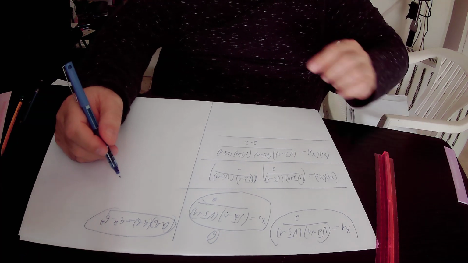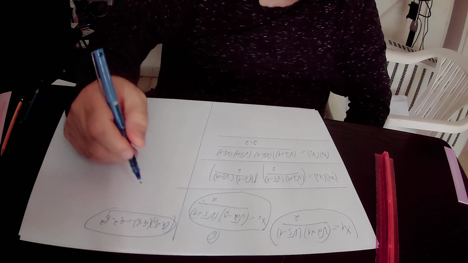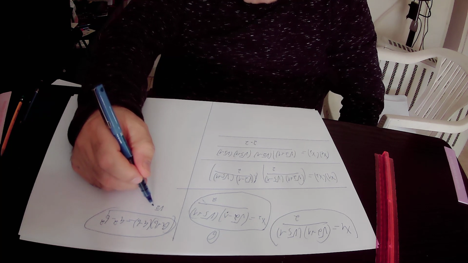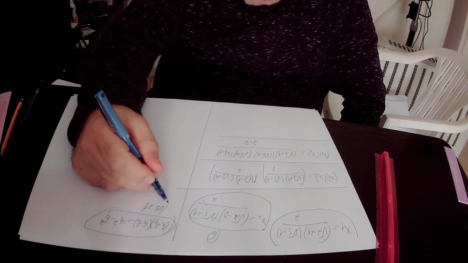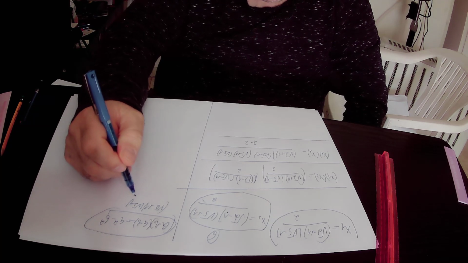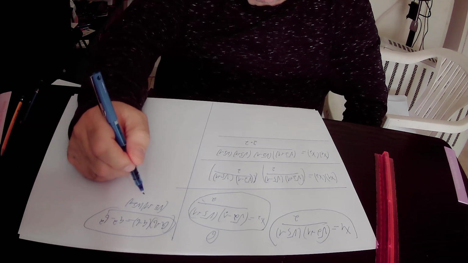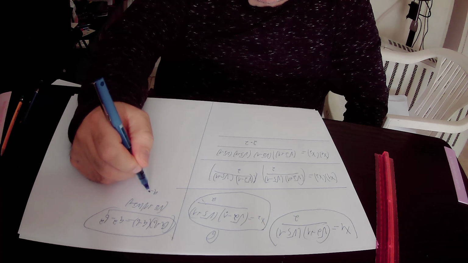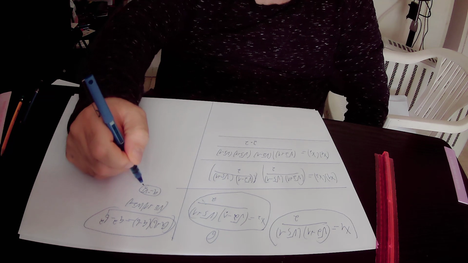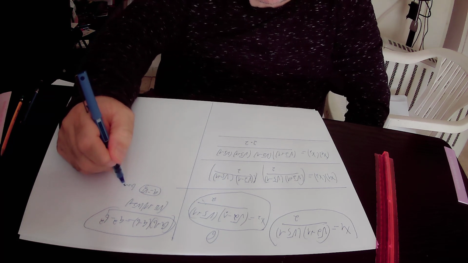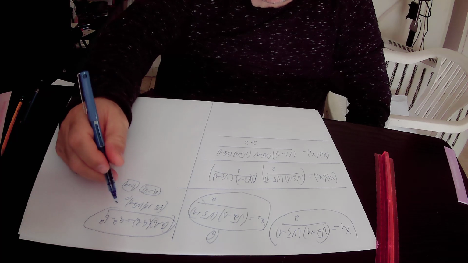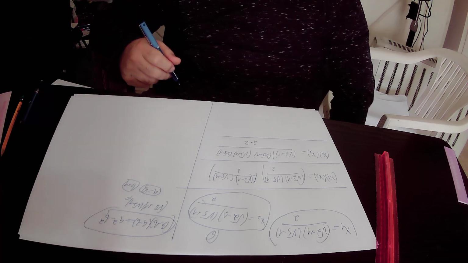In our specific expression, square root of 2 plus 1 times square root of 2 minus 1, a equals square root of 2 and b equals 1. So we get that this expression equals a squared minus b squared.